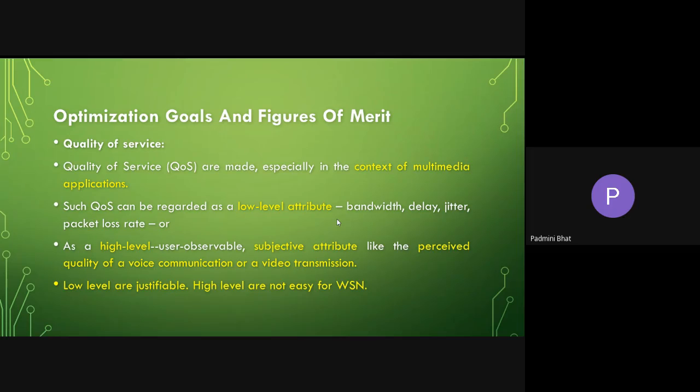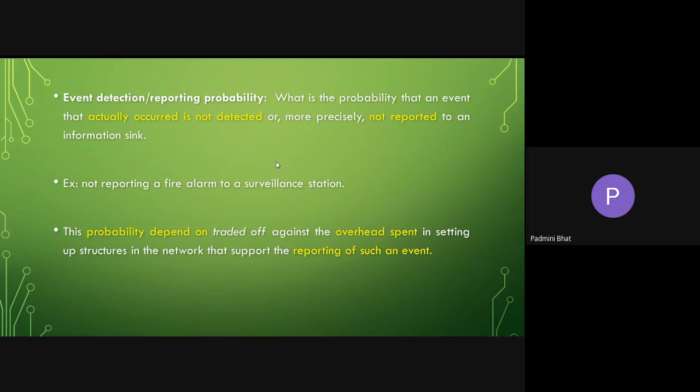So that is also packet loss. When we say packet loss rate, the ratio comes in, how much it is. And in voice communication and video transmission, if the quality is not good, then we need to reconfigure it once again. Low level are justifiable, high level are, as I said, not easy for WSN, so we need to give more care for that.